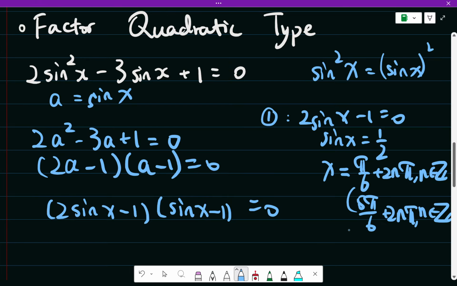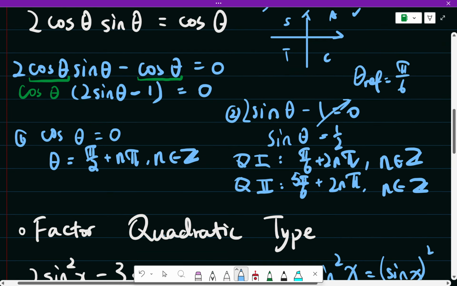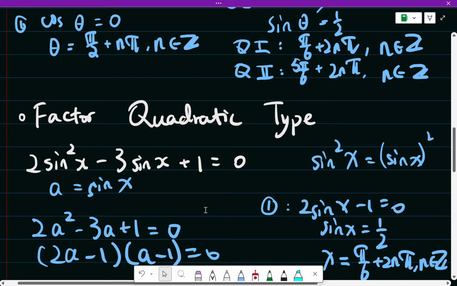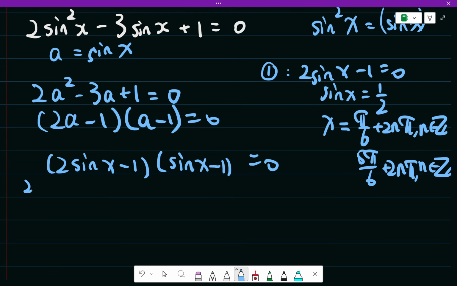If you have questions about how I came up with this generalization, you should roll back and watch this part again. The second possibility in this case would be when sine x minus 1 is 0, which is the second term here. So we're really just classifying these two different scenarios.